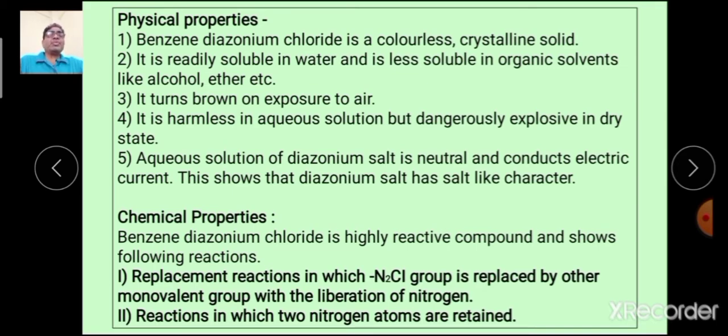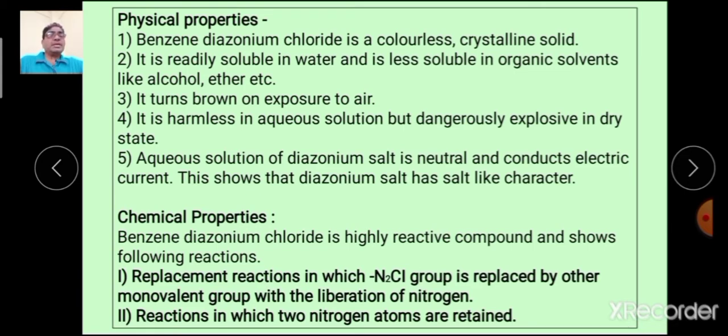Chemical properties of benzene diazonium chloride: it is a highly reactive compound and shows reactions like replacement reaction, in which the diazonium chloride group, that is N2Cl group, is replaced by other monovalent group with the liberation of nitrogen.